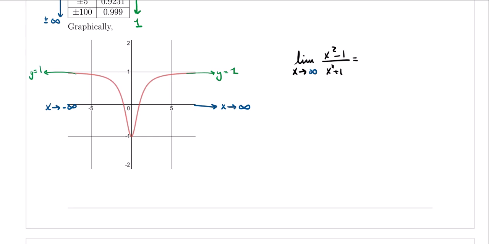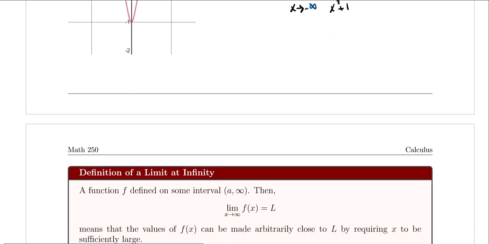So for this problem, we can say that the limit as x approaches infinity for x squared minus 1 all over x squared plus 1 is equal to 1. And the limit as x approaches negative infinity for x squared minus 1 all over x squared plus 1 is also equal to 1.